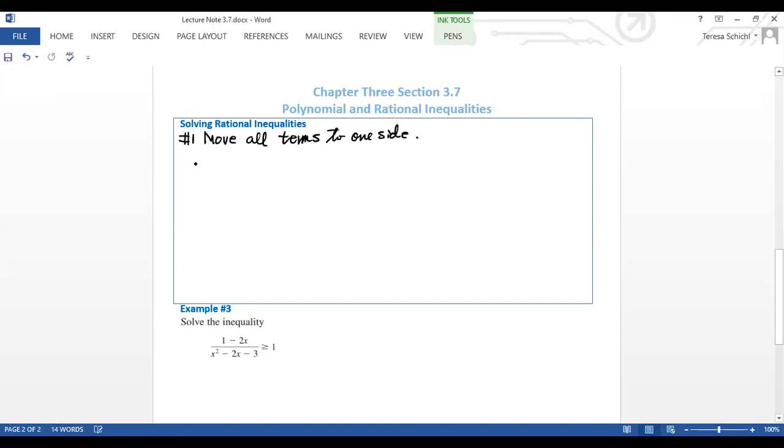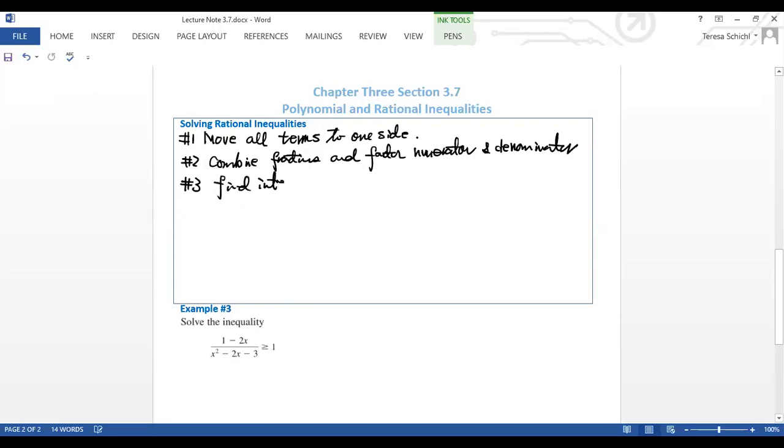Number 2, combine fractions. After you combine the fraction, factor the numerator and denominator. After you factor here, the steps will be the same. Number 3 is find the intervals, just like we did before.